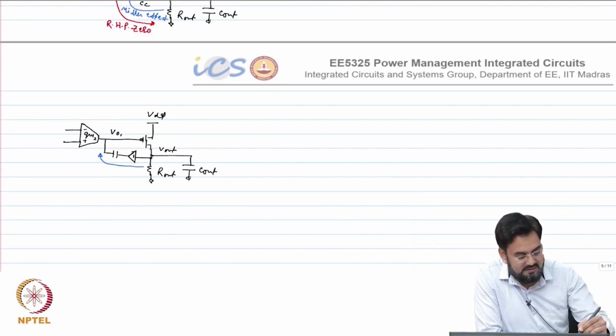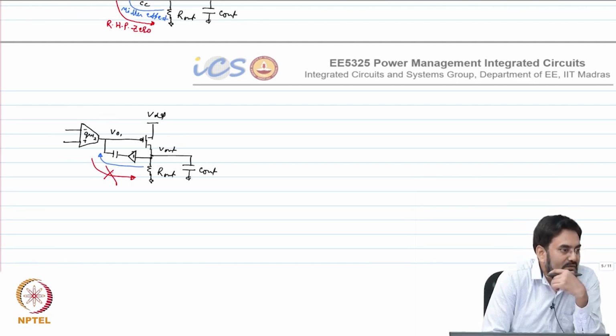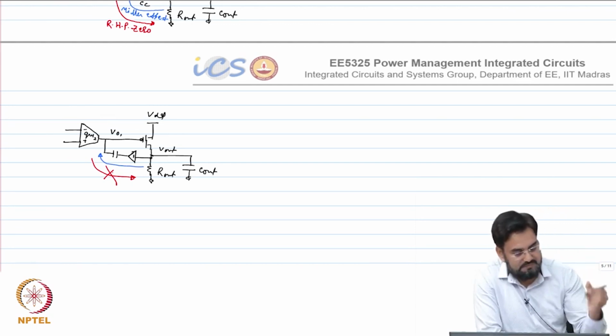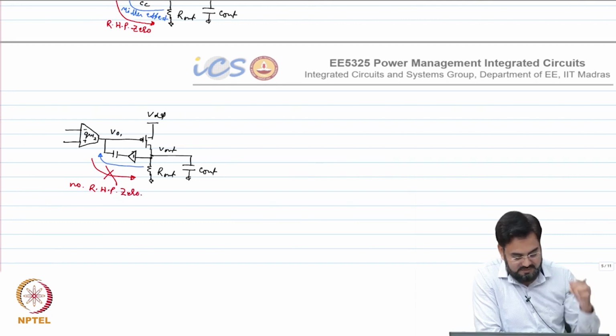This path is there, but this path is blocked. So no right half plane 0.